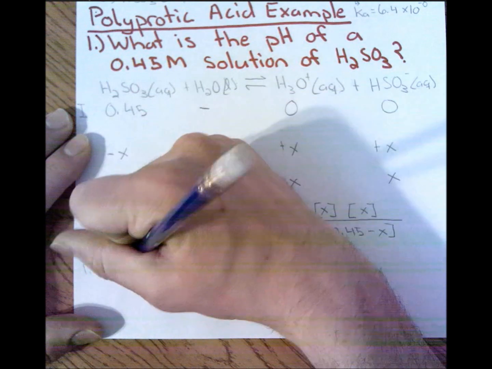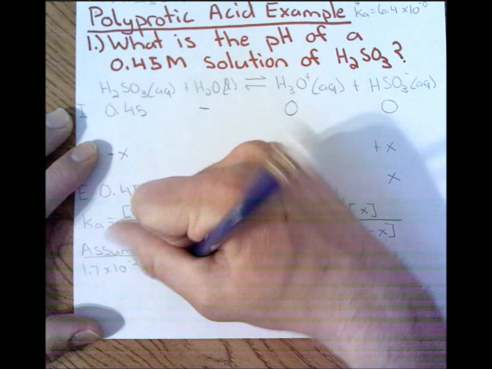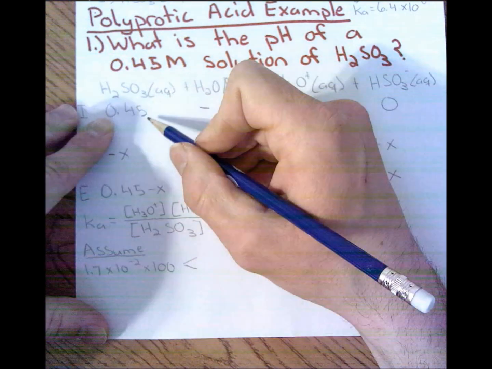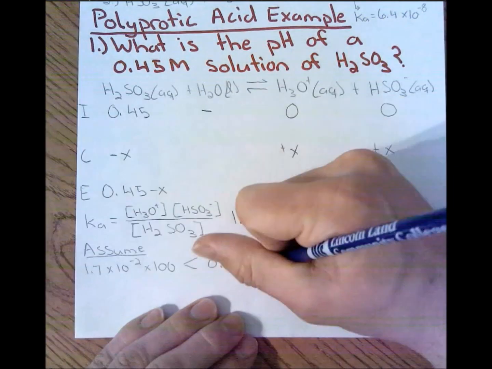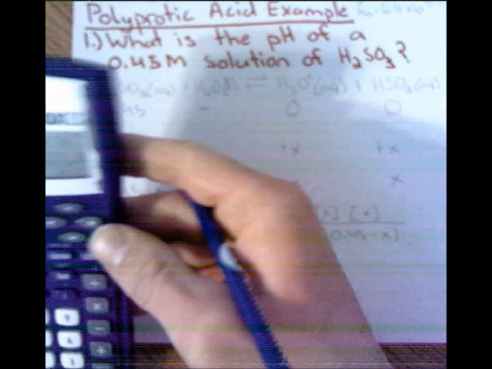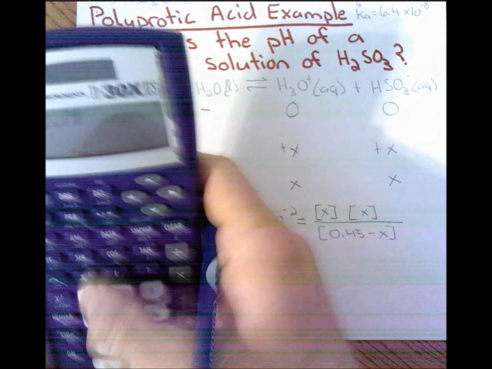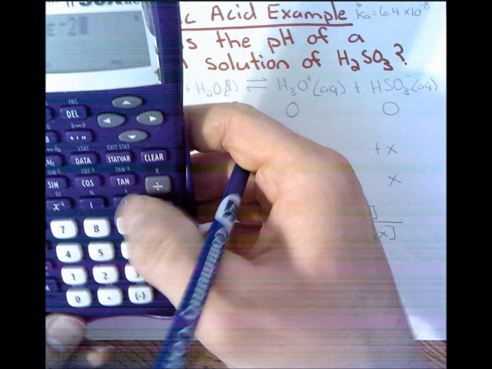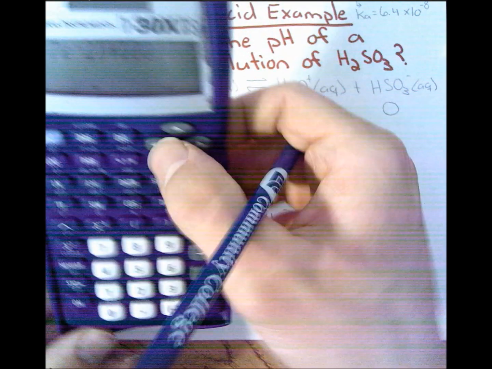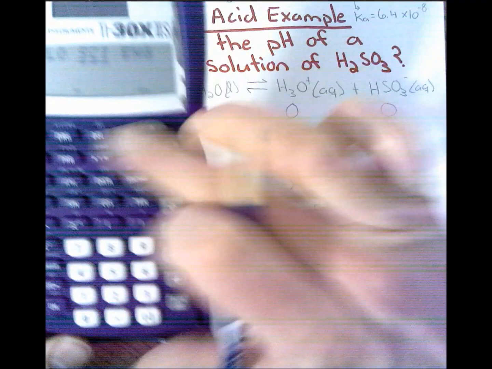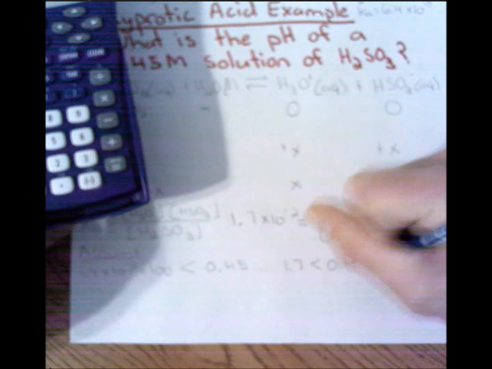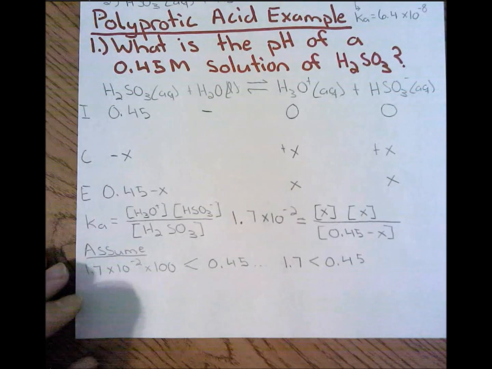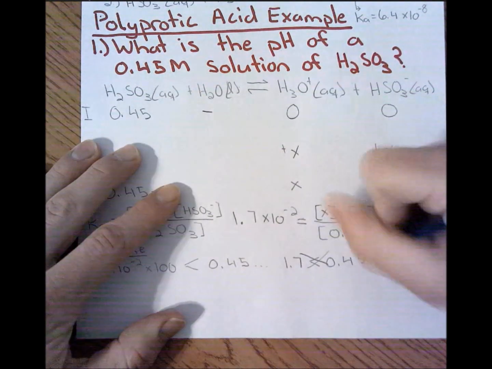So we say, hey, 1.7 times 10 to the negative second times 100 is 1.7. So 1.7 is less than 0.45. This is not true. Okay, so we cannot use our assumption, and I know this stinks. So what we are going to do is this. We are going to have to use the quadratic formula.